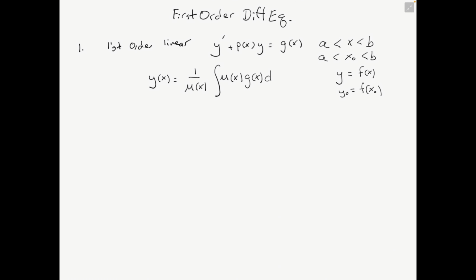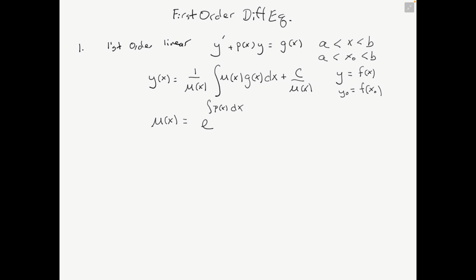So in this case, we were given that y of x is given by the solution 1 over mu of x times the integral of mu of x times g of x dx plus c over mu of x. And that's pretty straightforward.